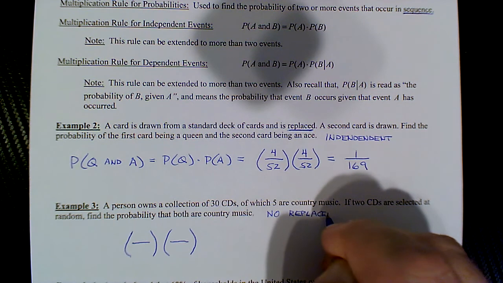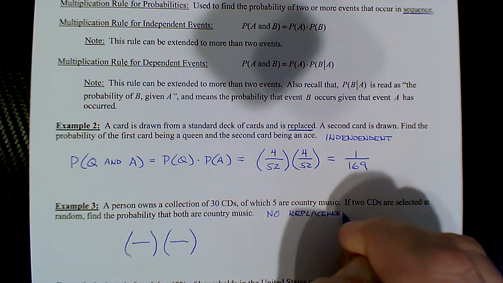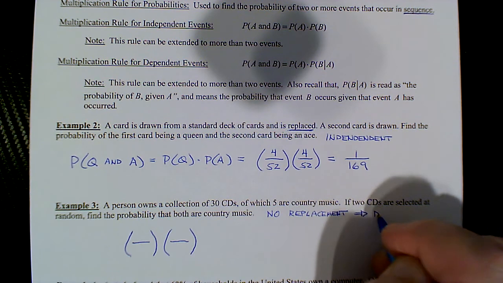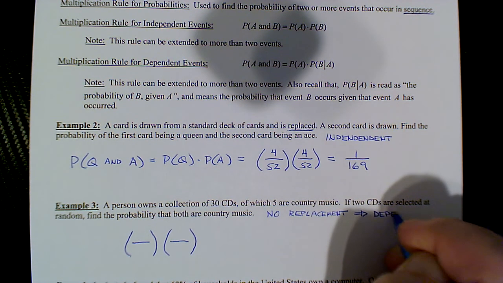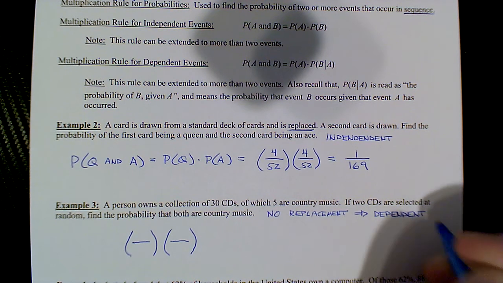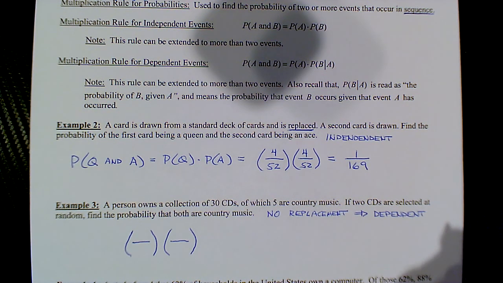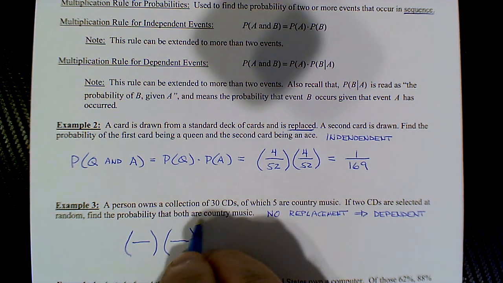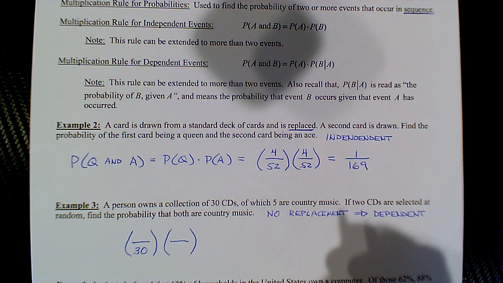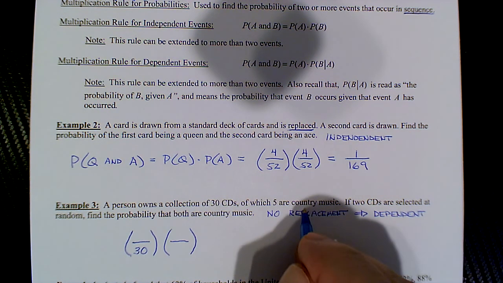If there's no replacement, then the two events are dependent. And the first time we draw a CD, we want to know if both are country music. There's 30 of them, and 5 of them are country music.